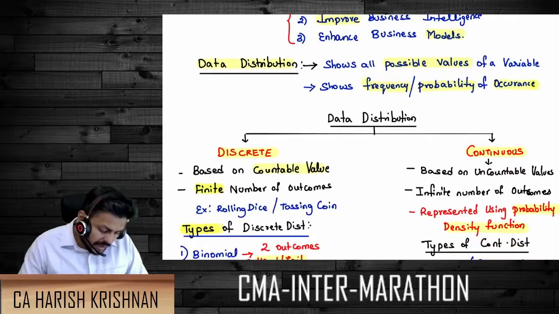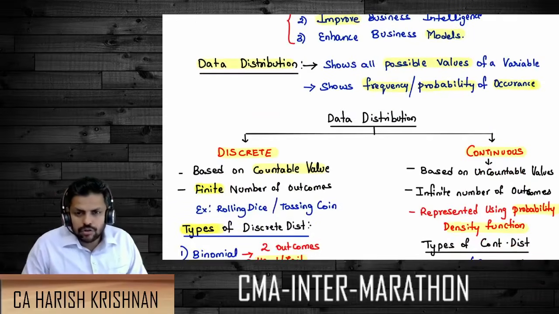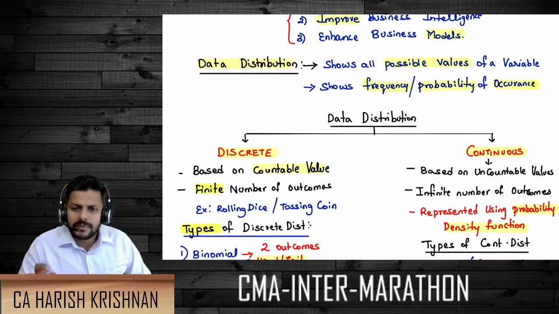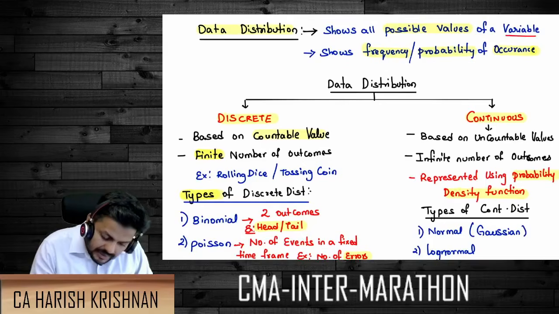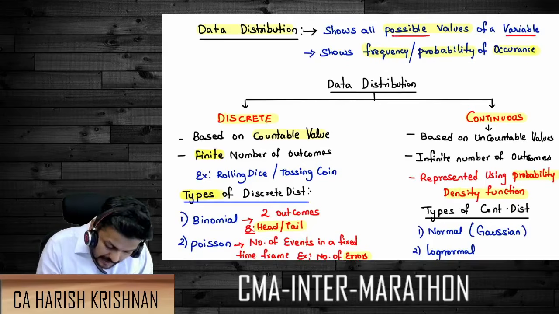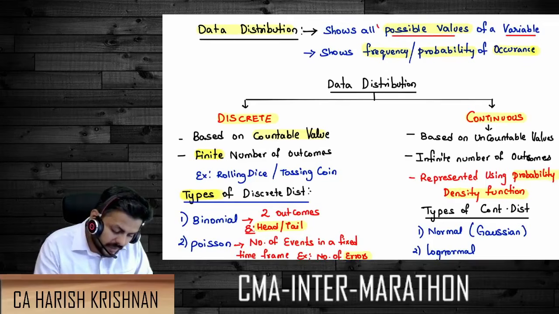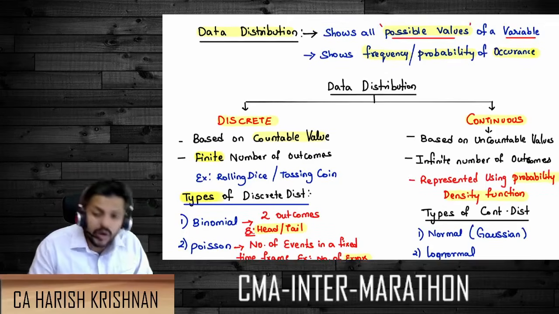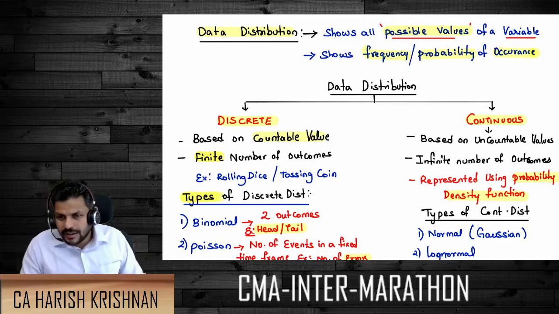Then moving on is data distribution, which shows all possible values of a variable. There are so many variables, and this particular data distribution shows the possible values. It is about the probability distributions that you have studied back then, right?